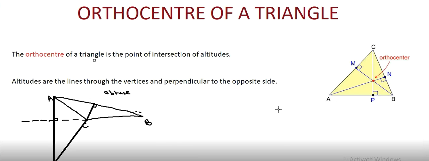One second, let me redraw that line again. This is our vertex C. So I have to draw a straight line.